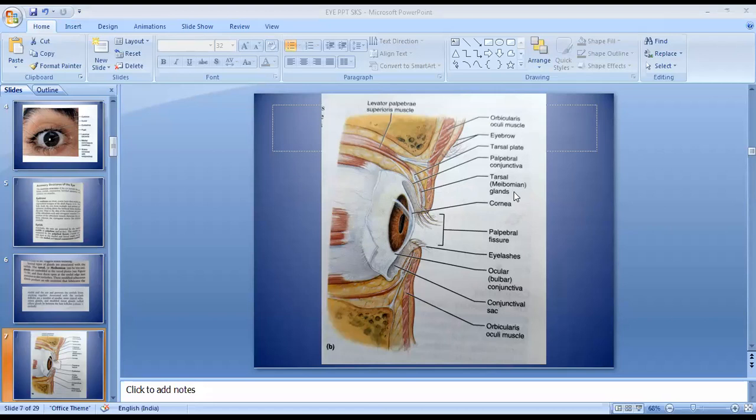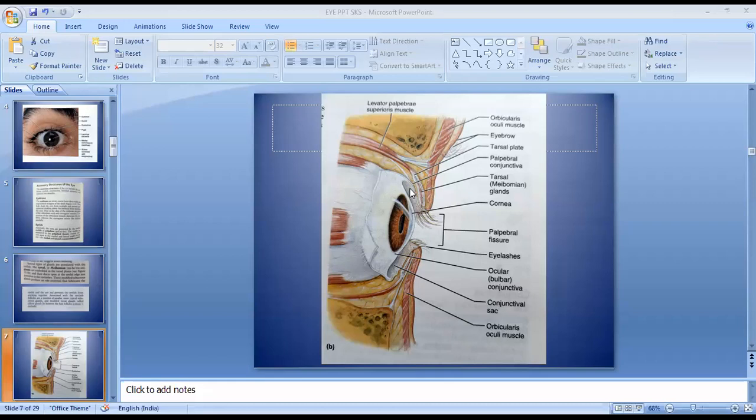These glands are very important for protecting the surface of the eyes because they release fatty secretions, and these secretions cross the surface of the eye.